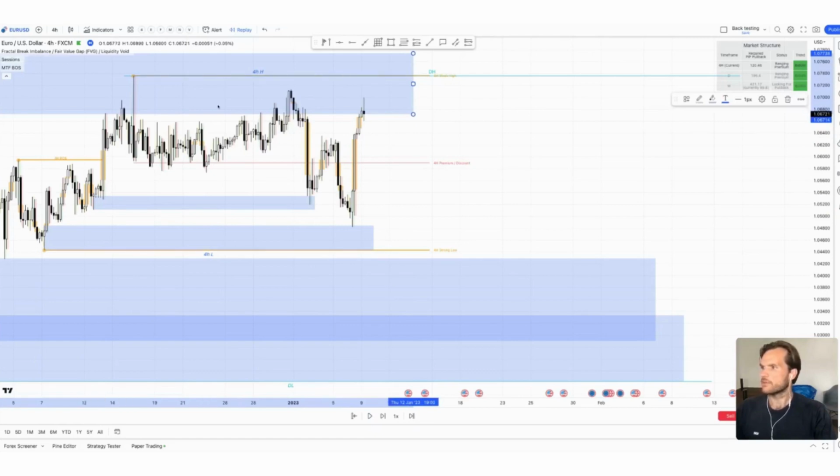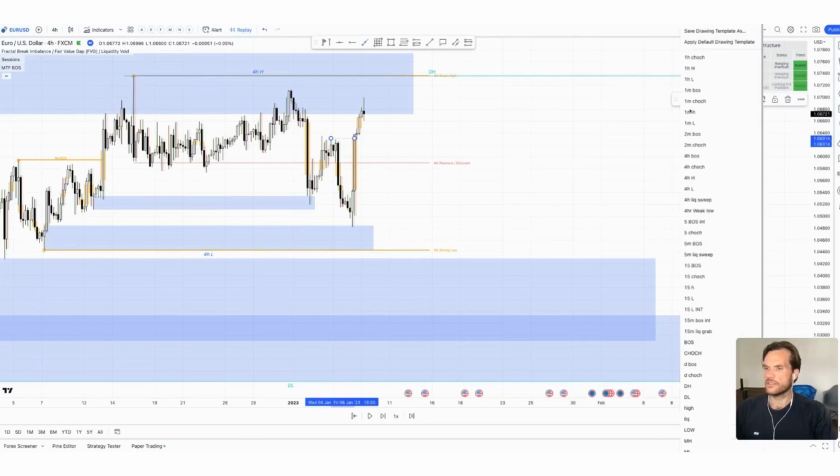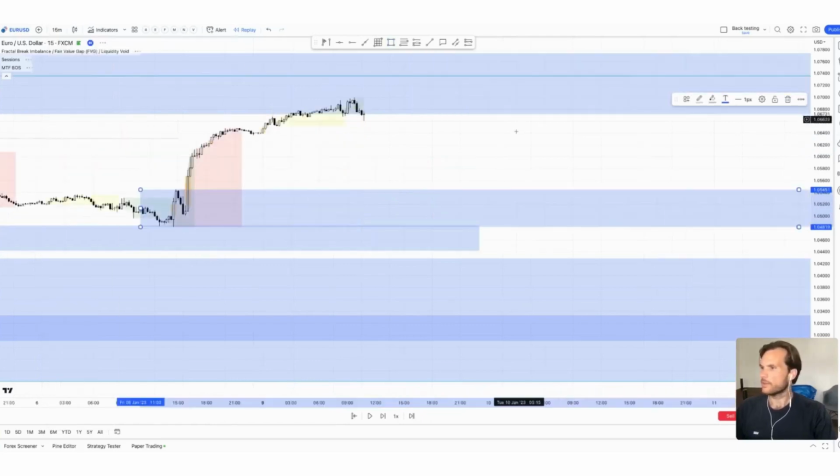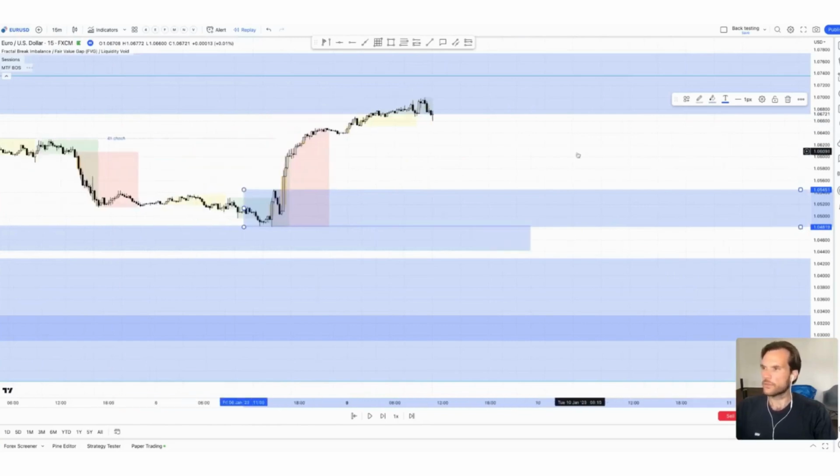We've had an internal 4 hour CHOCH, I guess you could say, so it's showing strength in this movement. If we were to get a big pullback, we could look for longs out of here. Otherwise, I'm going to need to jump onto the 15 to see what we're looking at. Moved up very quickly.